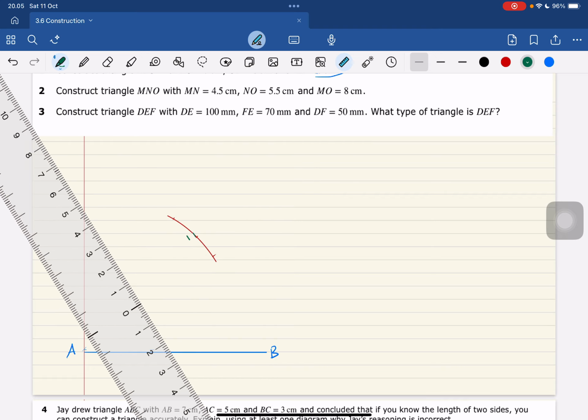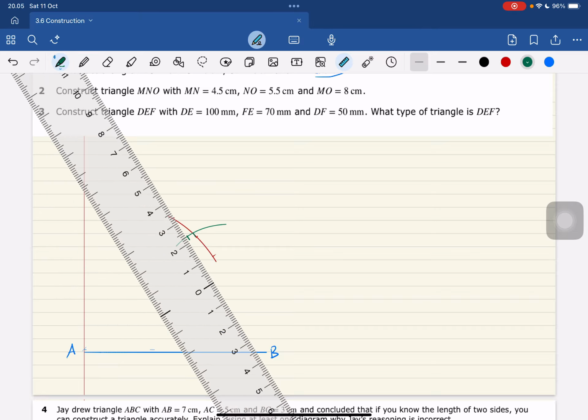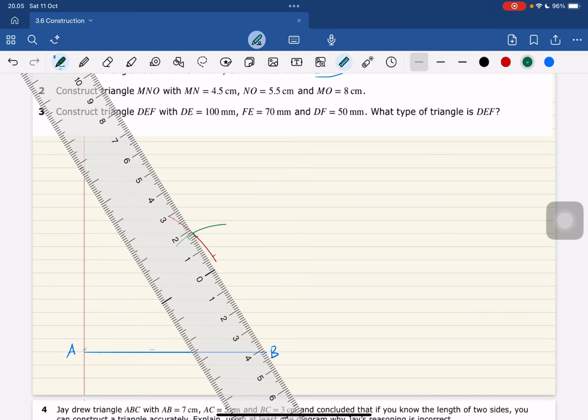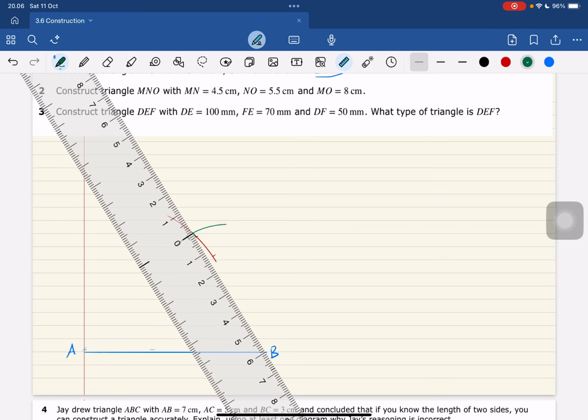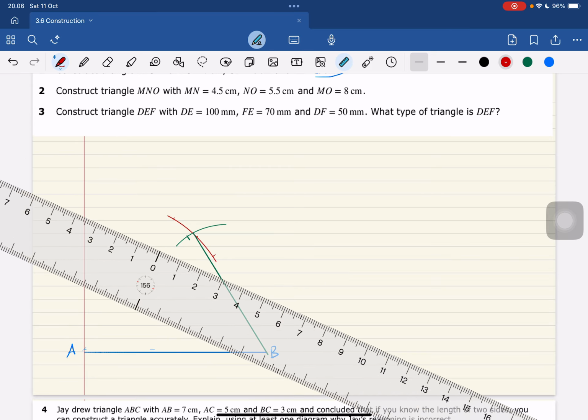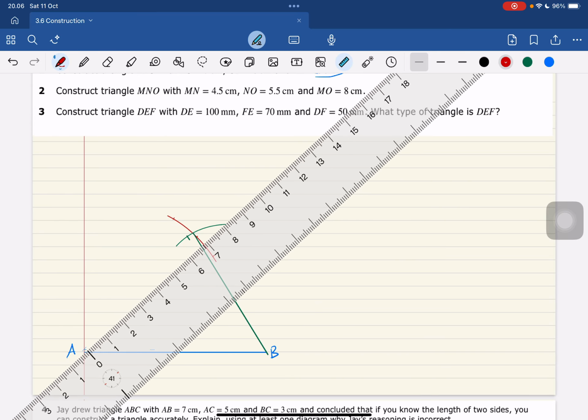Okay, they meet here. So this is 6. Okay, we got 6, and after 6 we get 7.